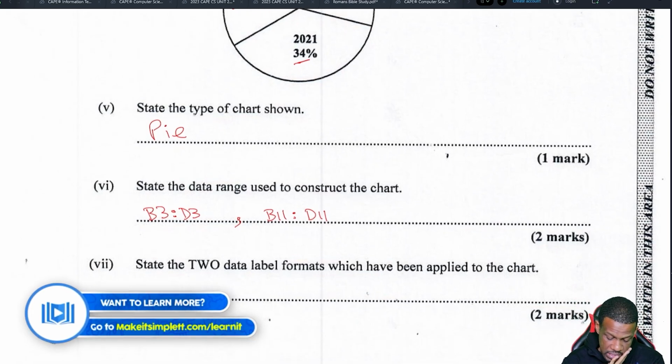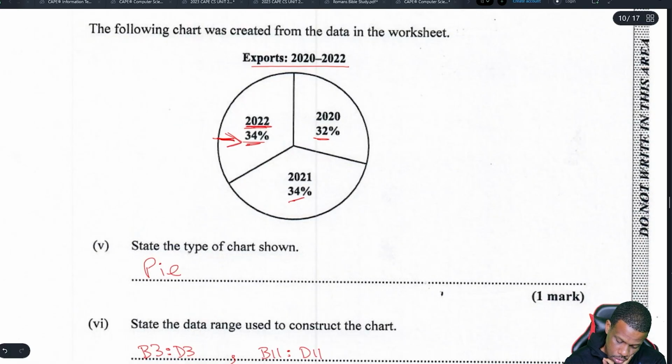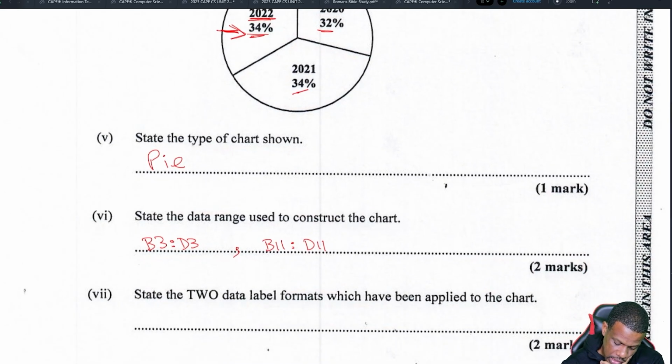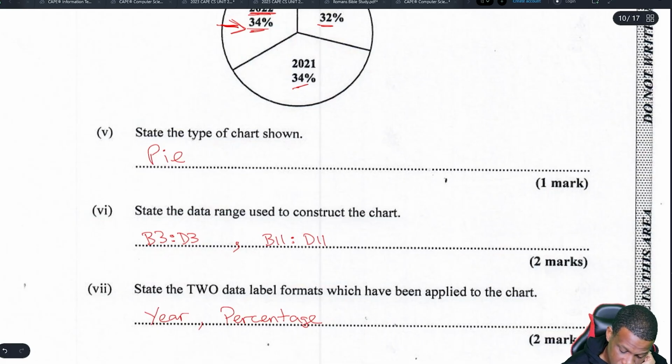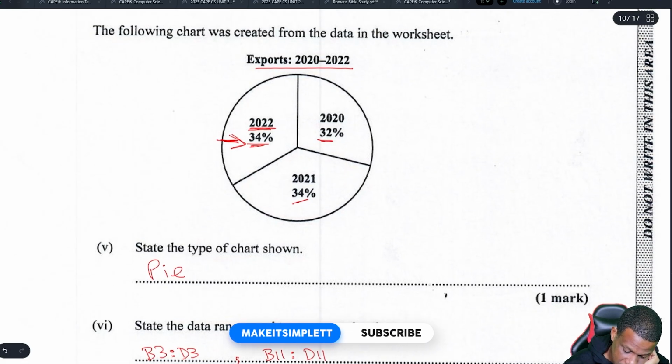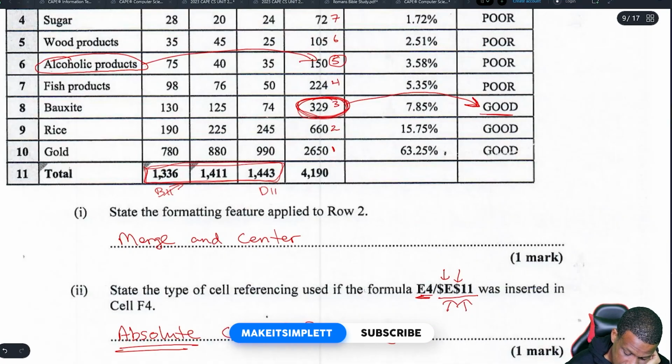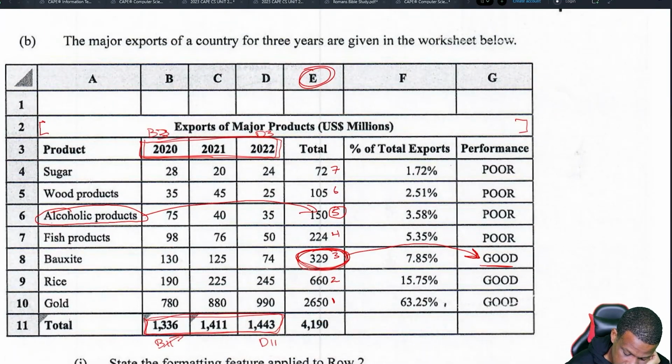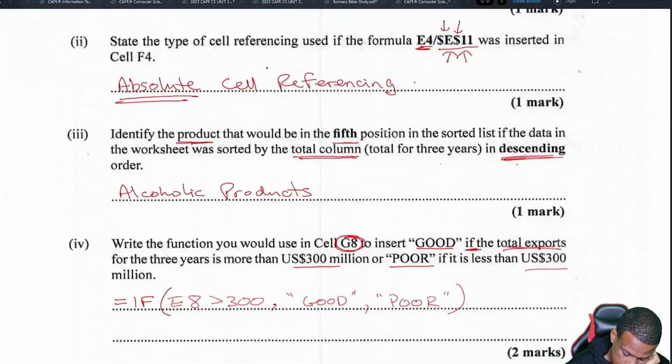So the two data label formats which have been applied to the chart are year and percentage. I don't know what they mean by data label formats, but this is the data label. This is the year and this is the percentage. I guess it'll be percentage of total.